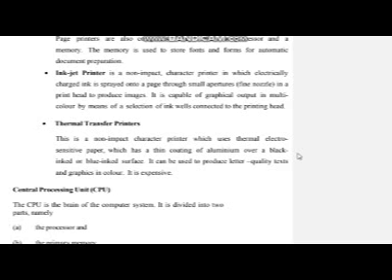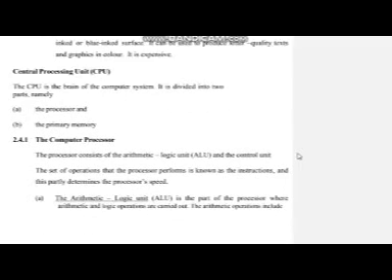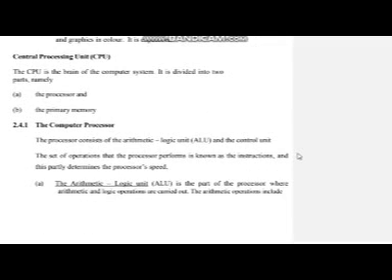The central processing unit, the CPU. The CPU is the brain of the computer system. It is divided into two parts, namely the processor and the primary memory. The processor consists of the arithmetic logic unit, ALU, and the control unit.